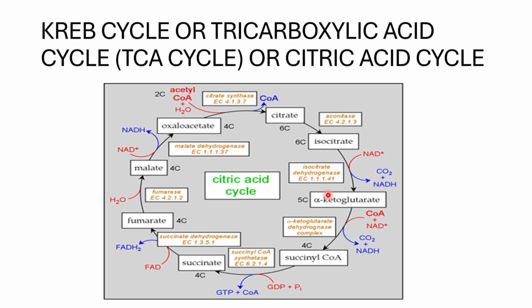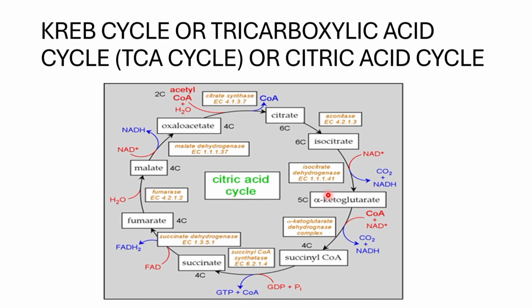Now let's enter the process of the Krebs cycle proper. The process occurs in the mitochondria. It makes use of oxygen.